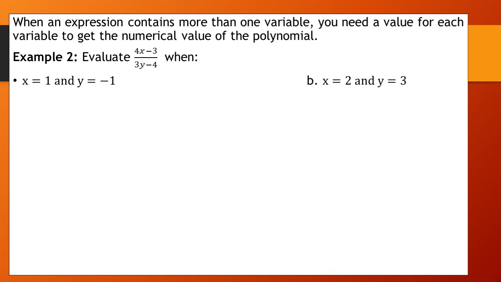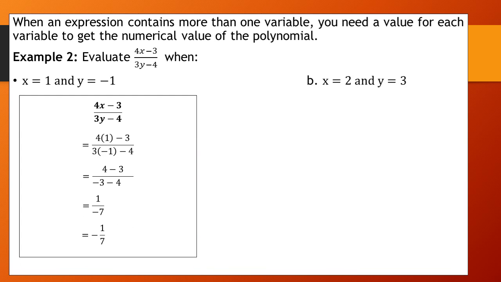When an expression contains more than one variable, you need a value for each variable to get the numerical value of the polynomial. Example number 2, evaluate 4x minus 3 divided by 3y minus 4 when x is equal to 1 and y is equal to negative 1. Substitute the values of x and y, which are 1 and negative 1 respectively.